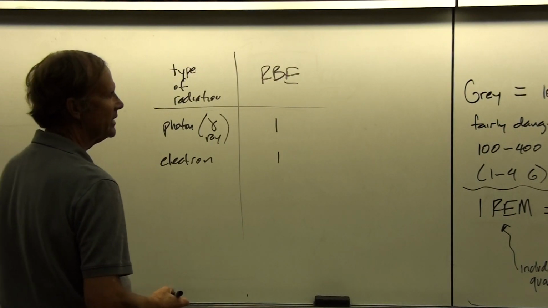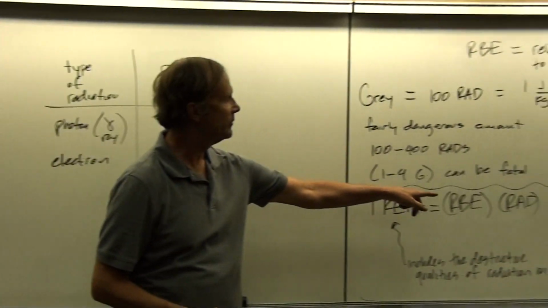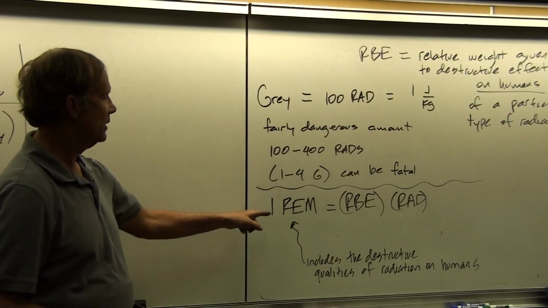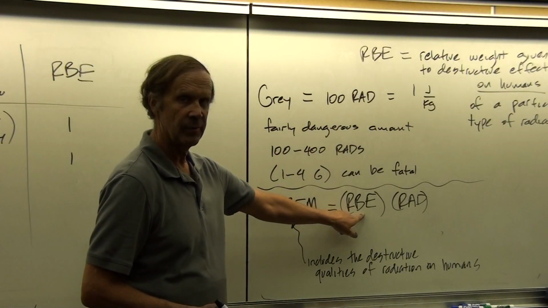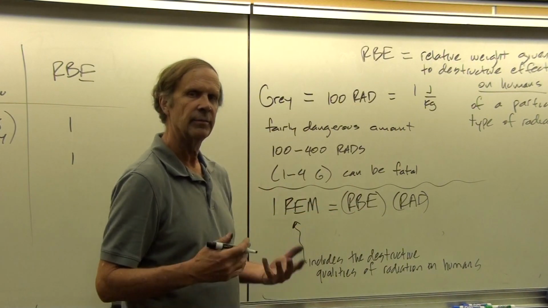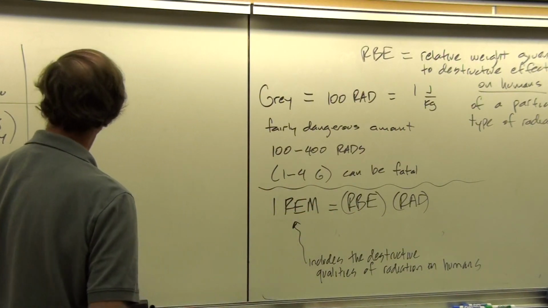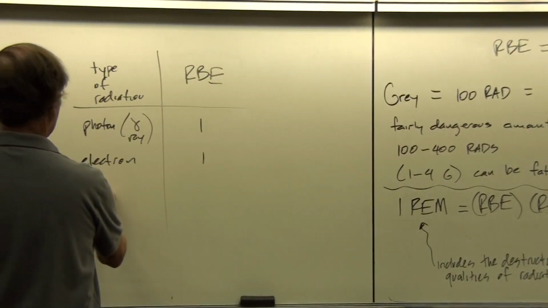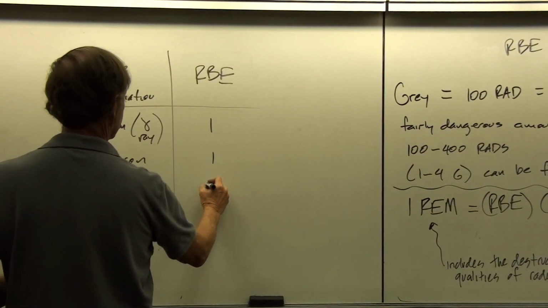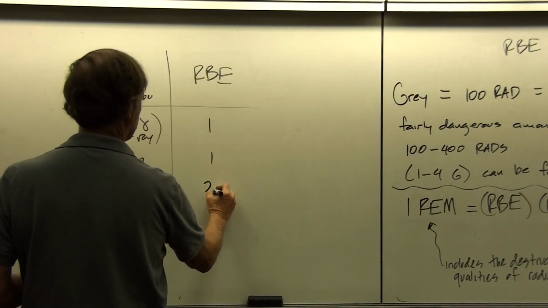So that means that the number of REMs and the number of rads are the same for electrons and for gamma ray photons, assuming that you got the same amount of radiation in each case. But for alpha particles, we're looking more at something like 20.